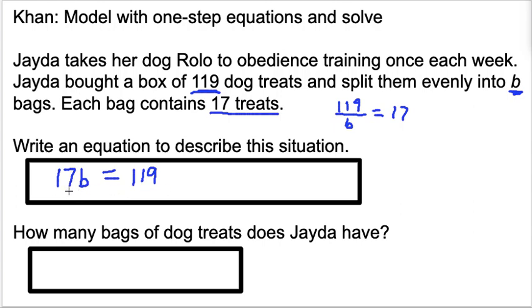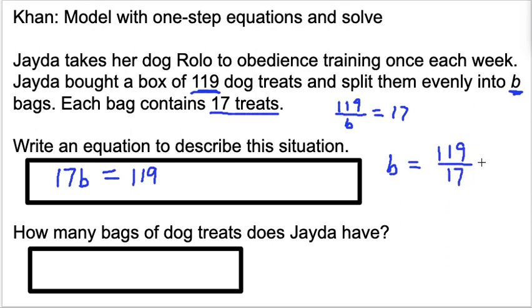And this one, remember if it was multiplication, we know we need to divide. So we need to take 119, and so B would equal 119 divided by 17.